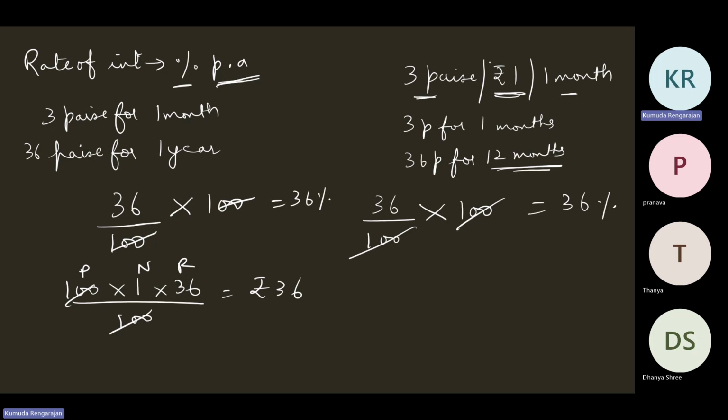So assertion is false. Reason is true. Yeah, it's calculating interest only. Simple interest means it's a way of calculating interest. Assertion is false because the value computed is false. Reason is true. So assertion false, reason true is option D. Option D.